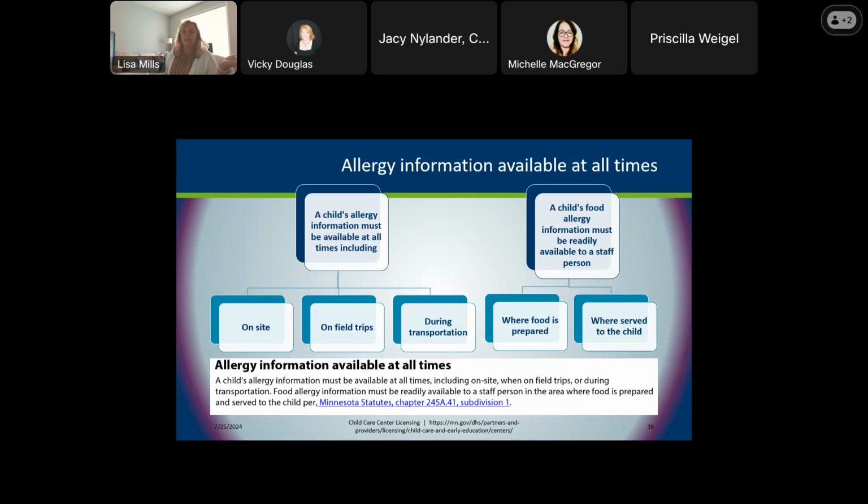Sometimes it's done, and so we see that. If you were to do something like that, you would have to ensure that all of the required allergy information is also posted. Oftentimes that gets left out, so it's important to recognize all of the allergy information is required.